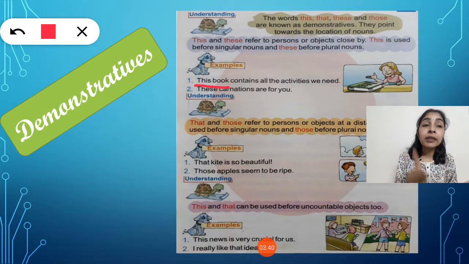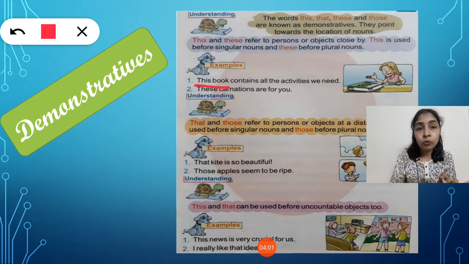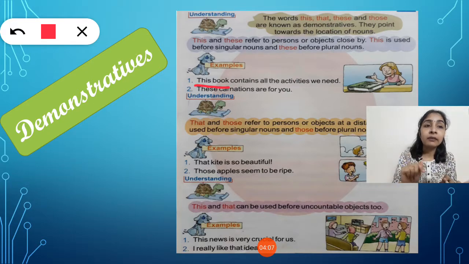But in the case of a pronoun, it is not like that. When we use "this" as a pronoun, it is not followed by a noun; it replaces the noun. So here we are pointing out and telling the location of the book, that this is the book which contains all the activities that we need.